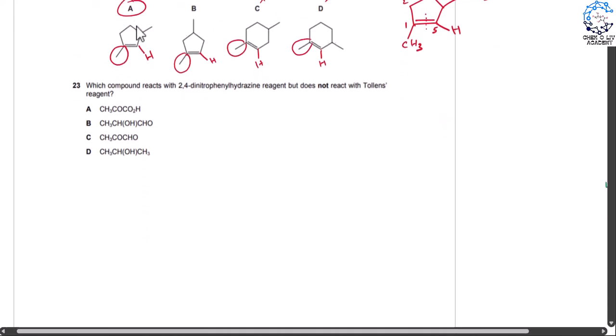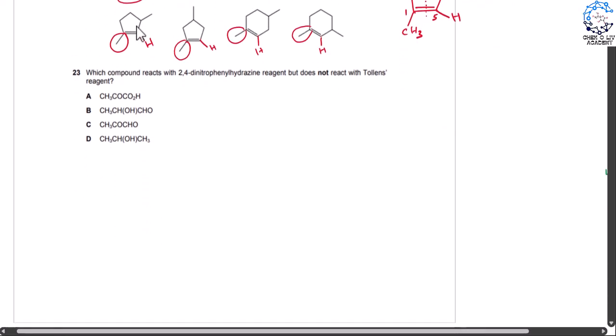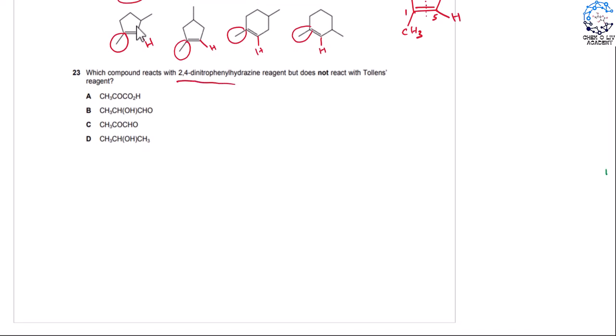Okay, let's move on to the next one and see what the question is saying. Which compound reacts with 2,4-DNP, 2,4-dinitrophenylhydrazine, but does not react with Tollens' reagent? 2,4-DNP is a reagent to identify a carbonyl carbon. Carbonyl carbon means this is a test used for either a ketone or an aldehyde.